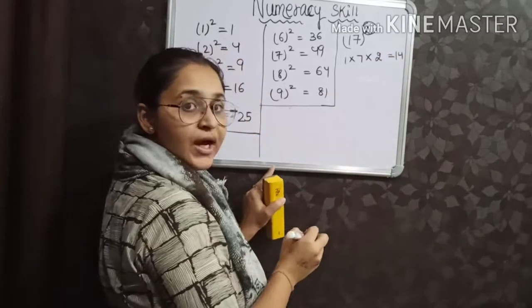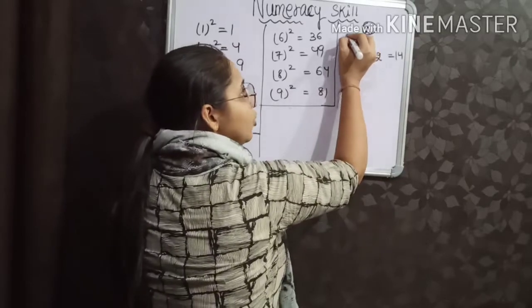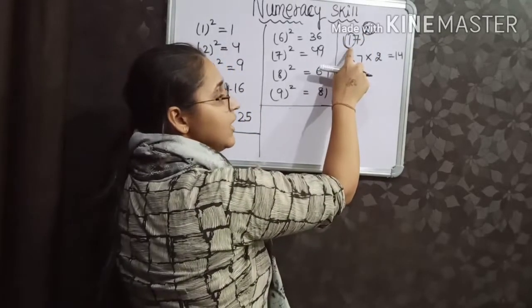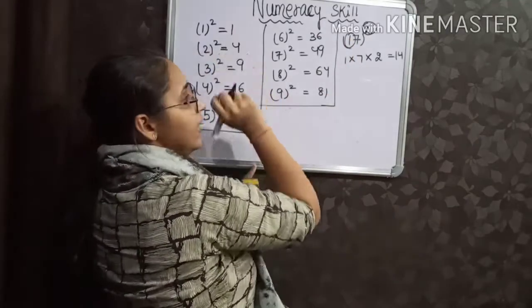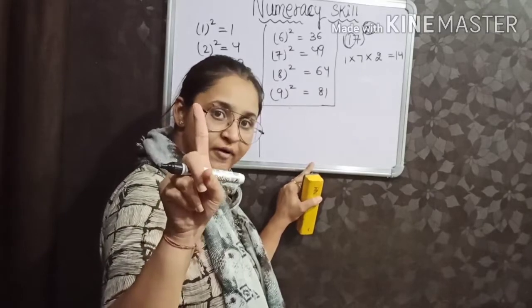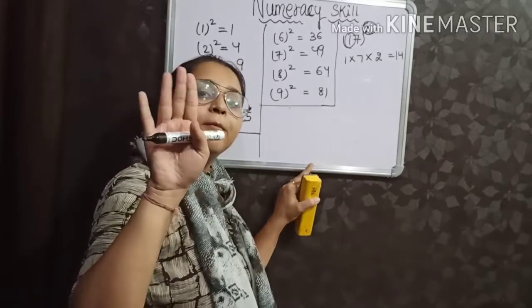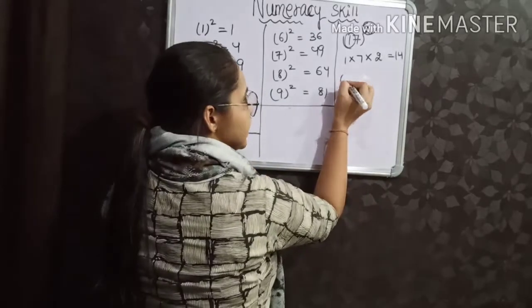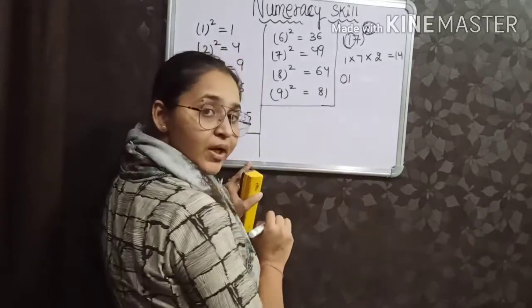Now, I will do the square of the first digit. First digit is 1. Square of 1 is 1. But you need a 2 digit number. So if you have 1 and you have to make that 2 digit, you will just add 0 before 1. It will become 2 digit.